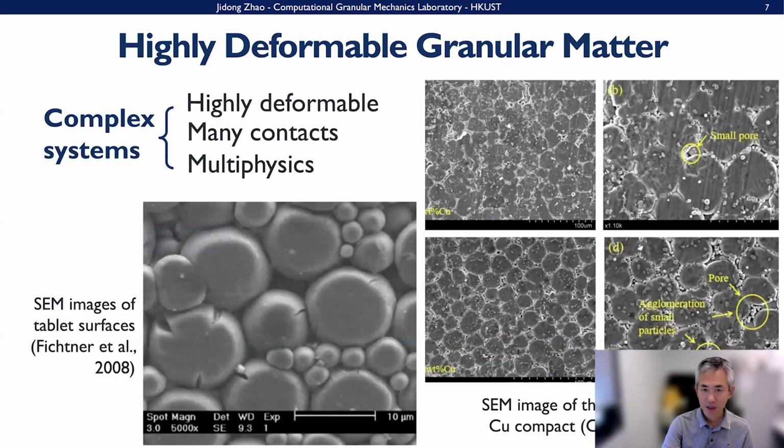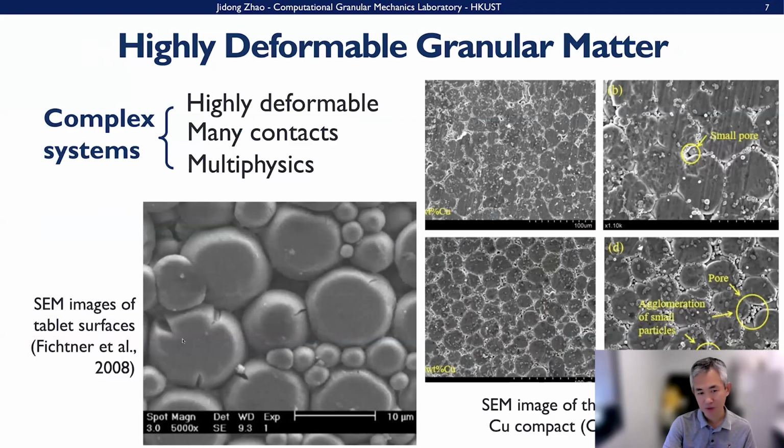And then here are their behaviors, and how it matters. In the left figure, I show how a typical green powder, for example the tablet, can be recompressed. You can see that the powder itself during the compression process can be deformed severely, and then develop multiple contacts with the surrounding particles, and it can also involve different physical processes, including thermochemical, mechanical, and even other processes here.